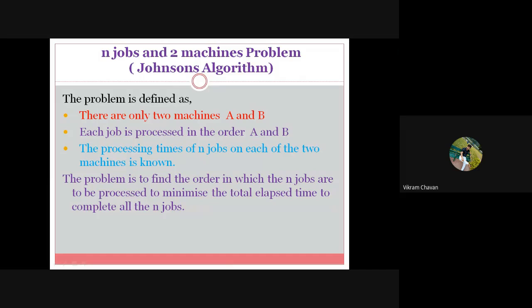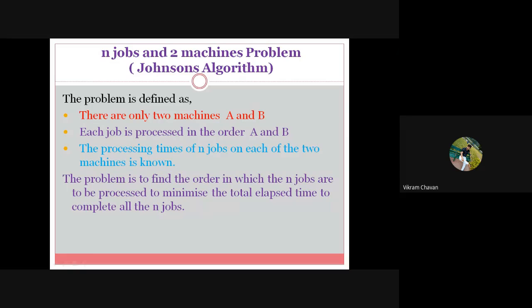We need to find the order in which the jobs are to be processed, the minimum total elapsed time, which is the total time required to complete all the jobs, and also the idle time for machine B.